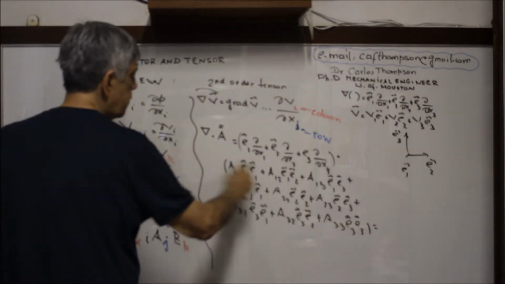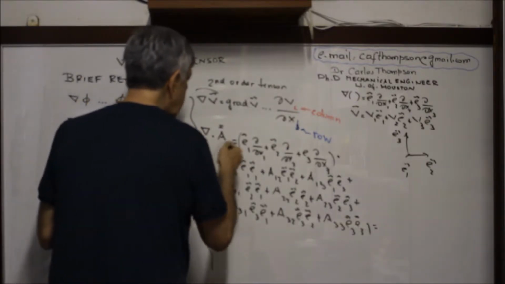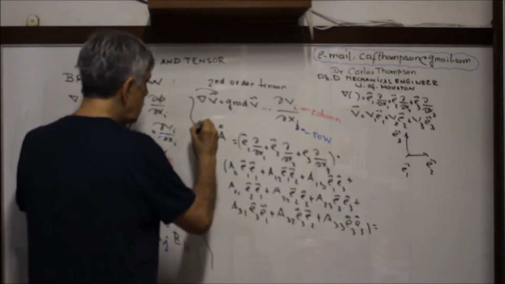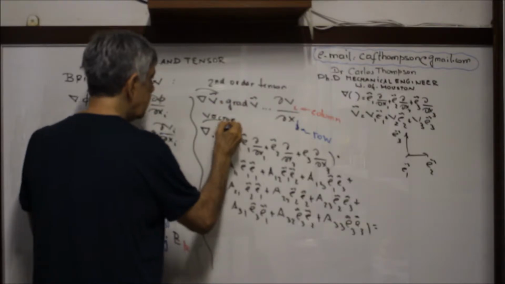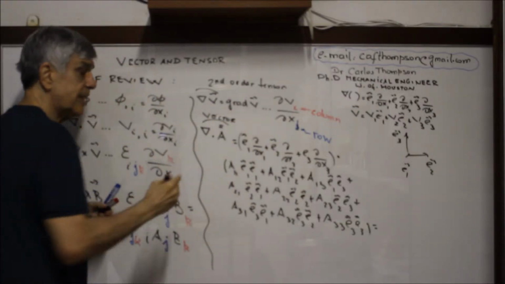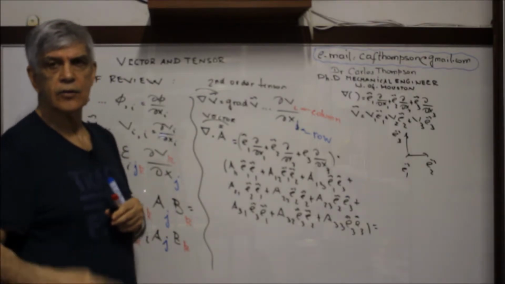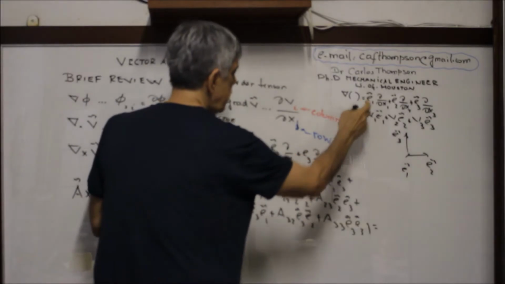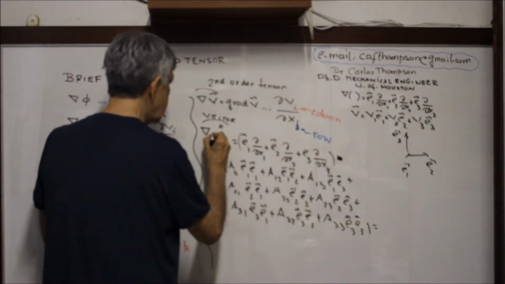Now I will develop the divergence of a second order tensor. For sure, this will be a vector, because divergence decreases the tensor order by 1. Okay? Now you see nabla over here, nabla dot, you see dot.